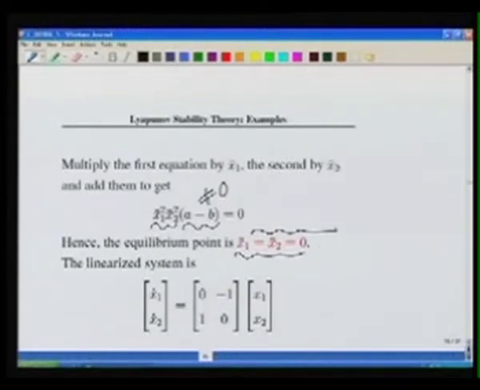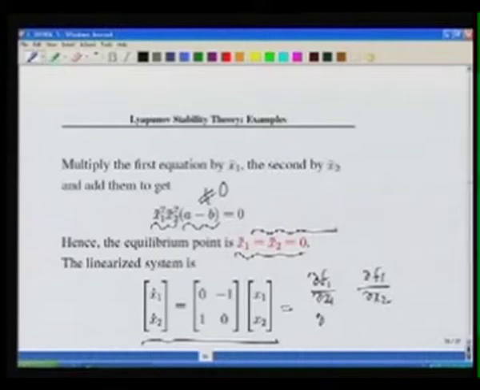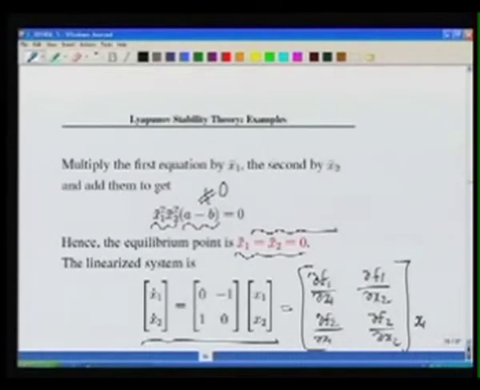So, we linearize using the linearization concept. This is our result, x 1 dot, x 2 dot. How did you find this 0, minus 1? Please verify, this is actually del f 1 by del x 1, del f 1 by del x 2, del f 2 by del x 1, del f 2 by del x 2 at x 1 equal to 0, x 2 equal to 0.